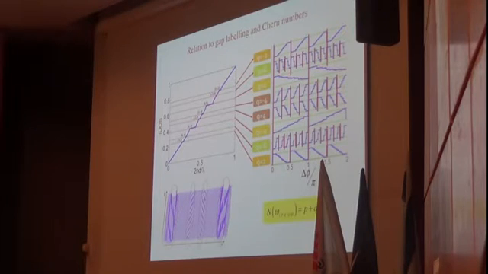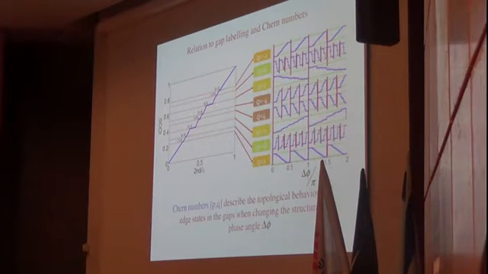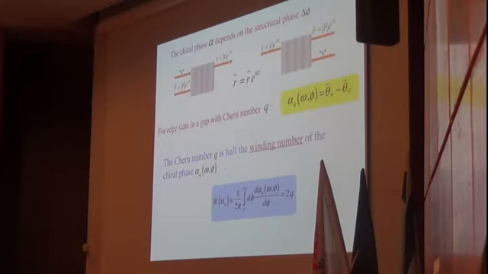So you see that, in fact, the way that the edge states move through the gaps is directly related to the Chern numbers. Okay? And in fact, the Chern numbers describe the way that the edge states move through the gap when you change this structural phase angle delta phi.